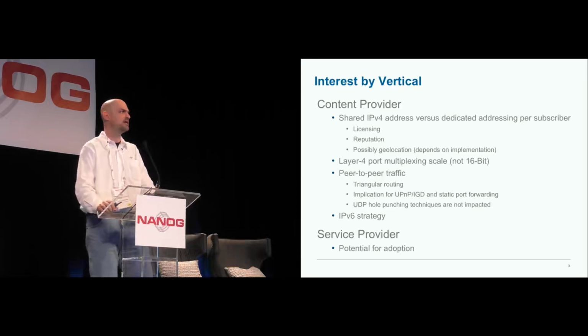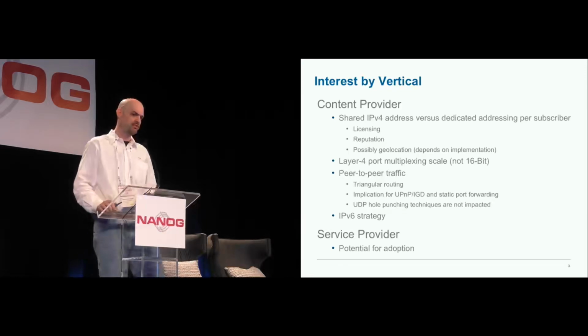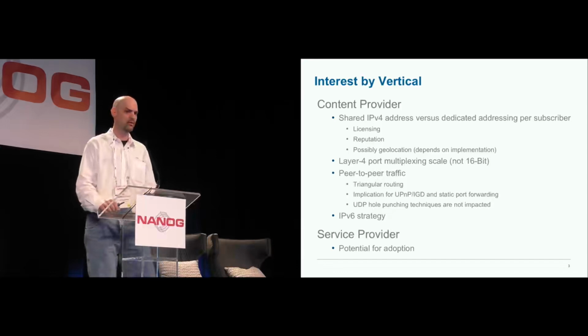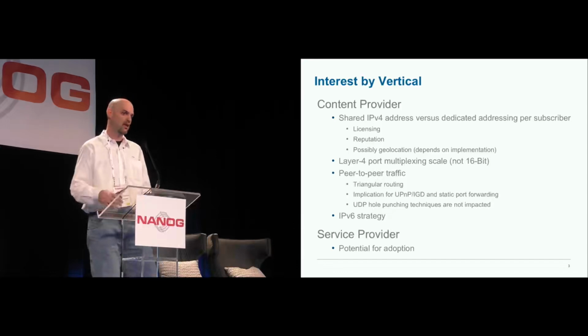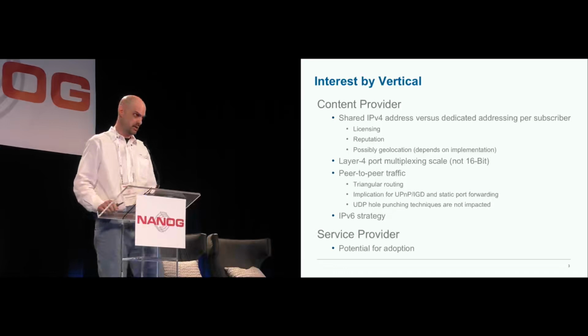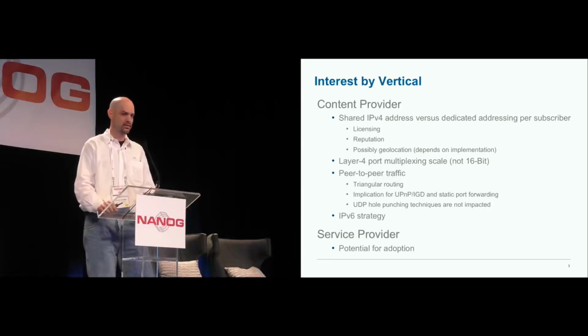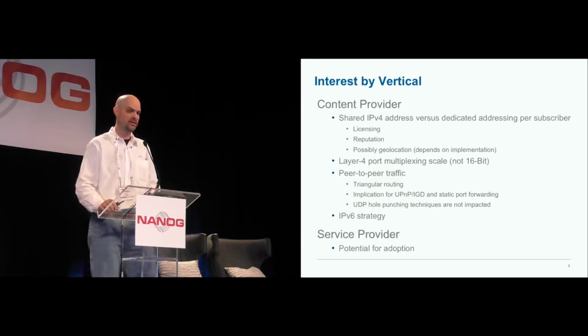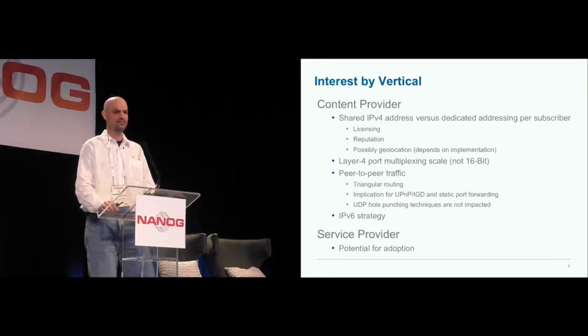If you're implementing any peer-to-peer applications in a shared IPv4 world, triangular routing may or may not impact performance and latency. There are going to be some implications. The posture that you see today with UPnP IGD and static port forwarding, that's going to be different as well. These are things you really are going to want to consider.